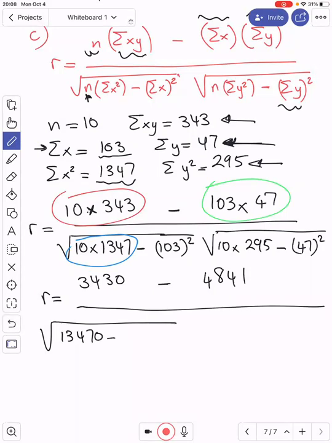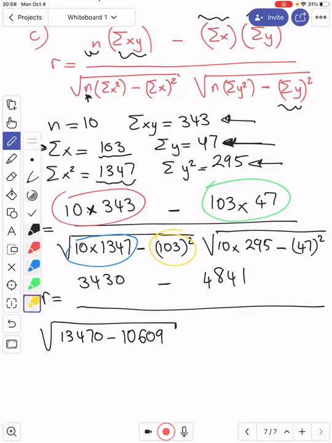Now 103 squared, that's 103 times 103, which is 10,609.